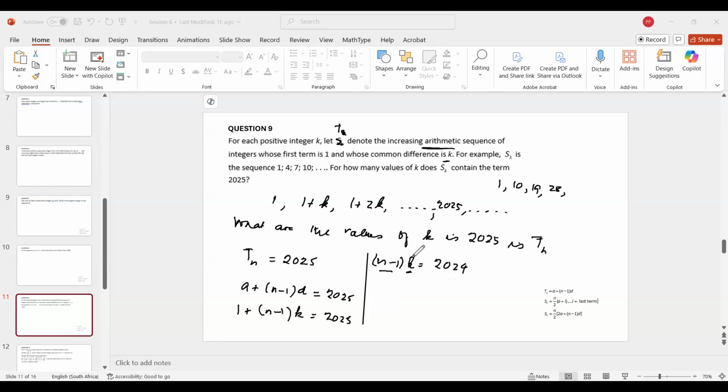That's very important, because then it means that k has to be a factor. But they say for each positive integer k, so it must be a positive factor.